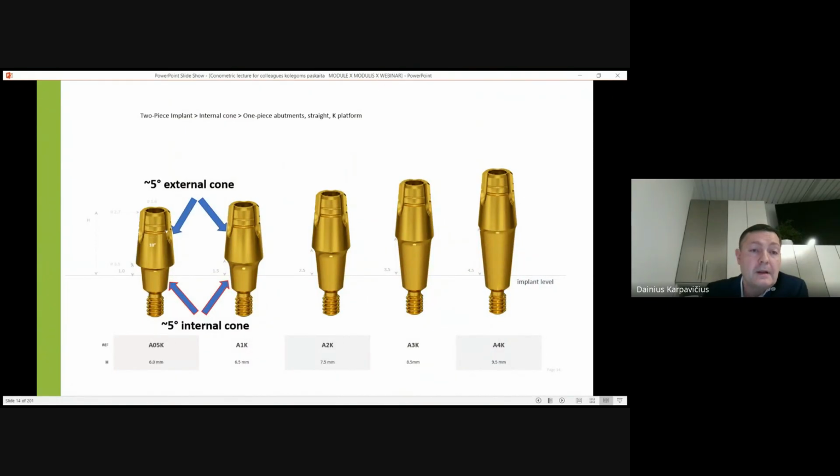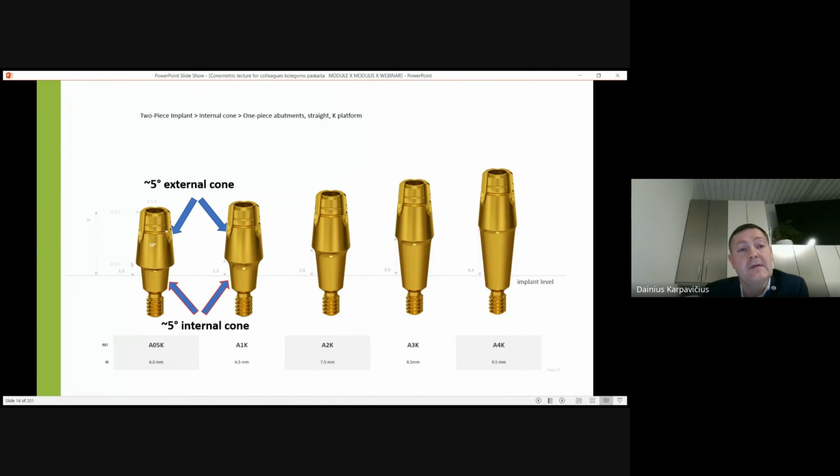Technically, as we know in our system, in the internal cone of the implant we have 5 degrees, and the same connection we have on the external abutment here, where the conometric crown fixes.